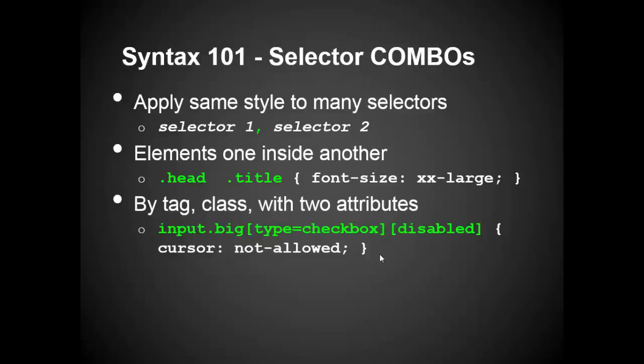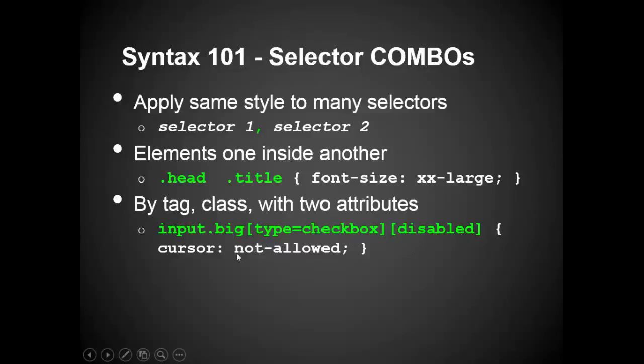Additionally, we can create combos such as using a tag, a class, and two attributes. So remember that way to read the selectors? Doesn't have a space, so I'll start from the beginning. So I'm going to select all inputs that have the class big, that have the attribute type equals to checkbox, and have the attribute disabled.